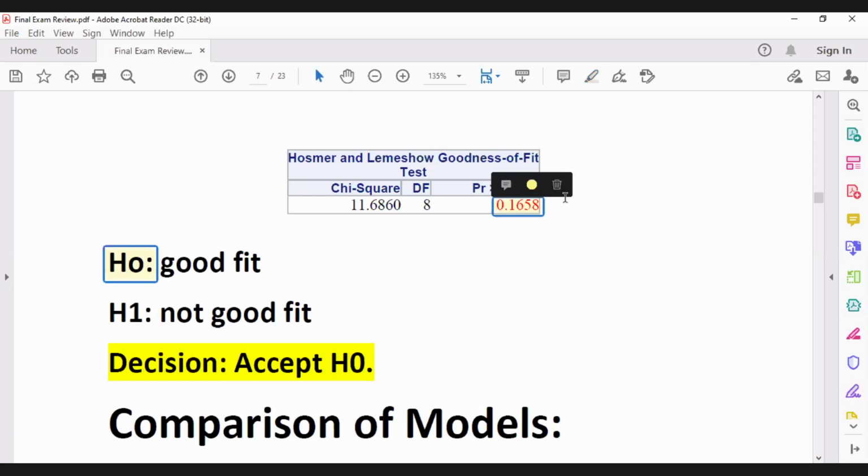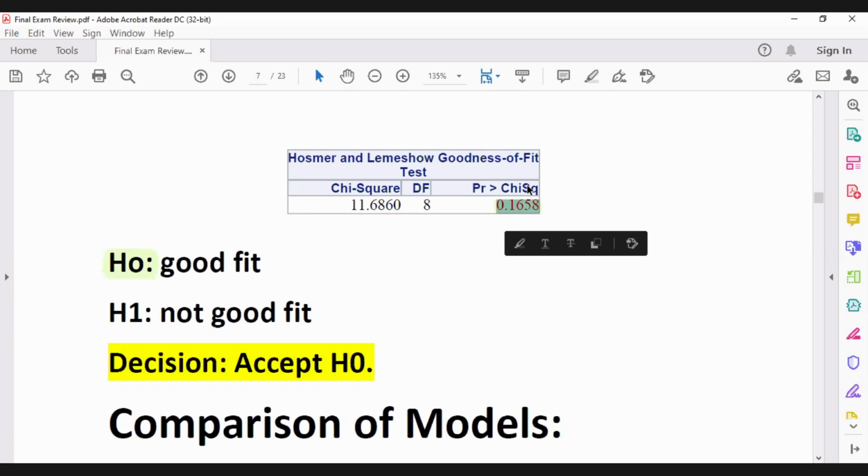The p-value is equal to 0.1658, which is larger than the 5% significance level. So you accept the null hypothesis, stating that the model is good. Yes, it is, since the p-value is larger than the 5% significance level.